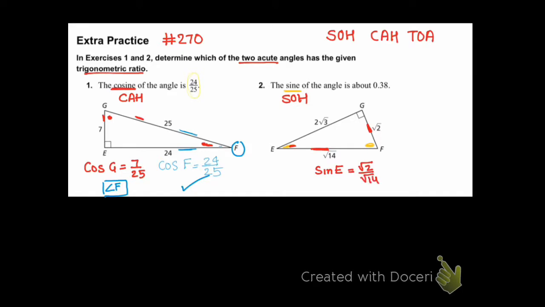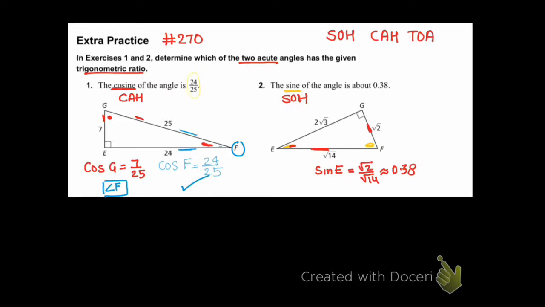All right, so we got √2/√14, and when I solve it in our calculator I get 0.38. This time it's angle E, we already got it.